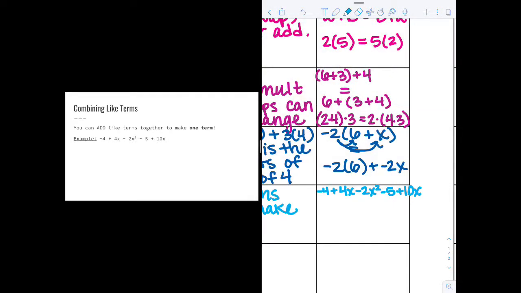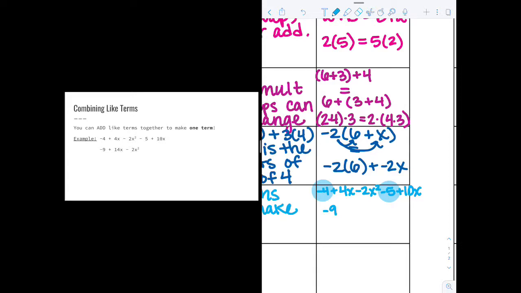So I notice that -4 doesn't have a variable with it, and neither does this -5 here. So I can add those together because they are alike. -4 minus 5 is -9.